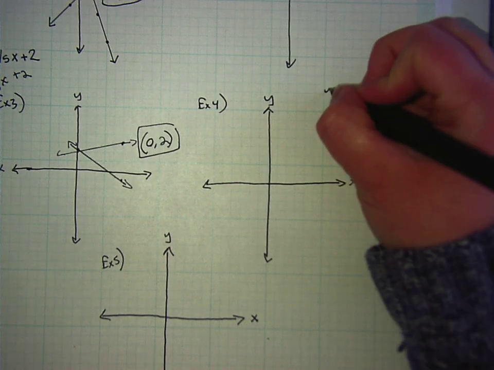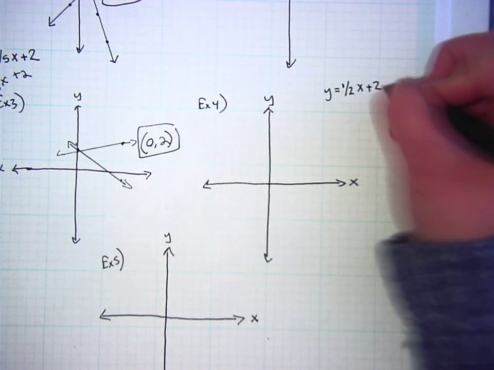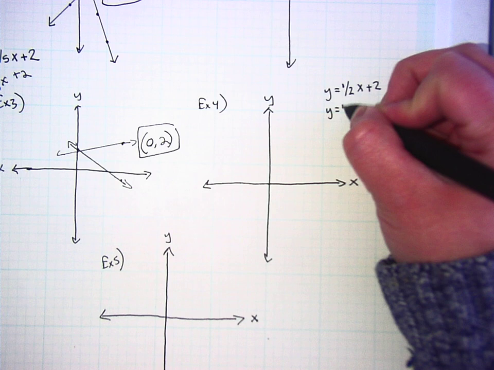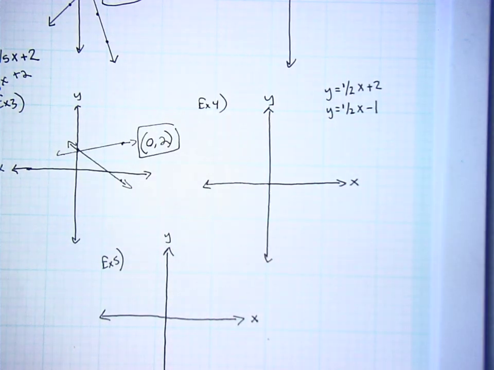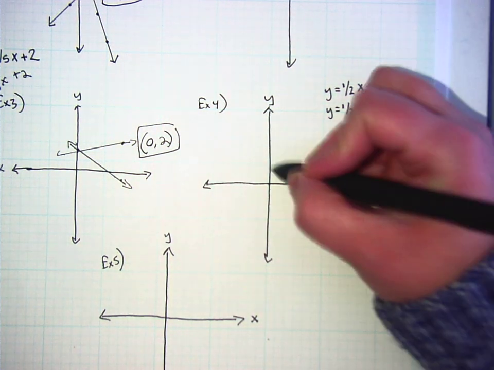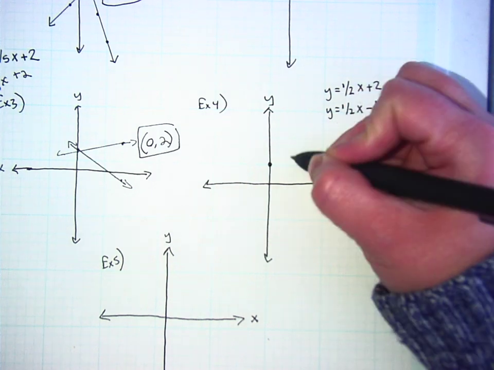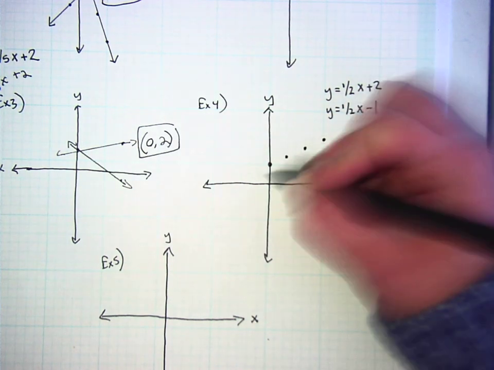Example 4. y equals 1/2 x plus 2 and y equals 1/2 x minus 1. I'm doing this one with you. What's my y-intercept for the top one? 2. Okay, up 1 over 2, up 1 over 2, up 1 over 2.